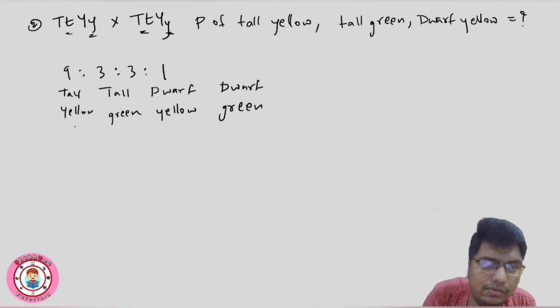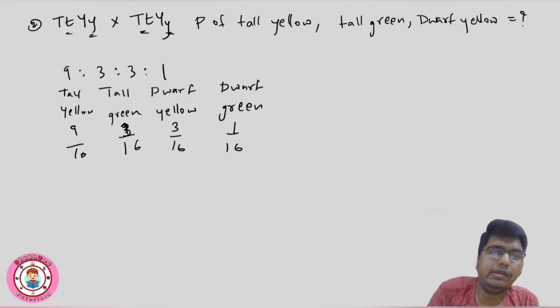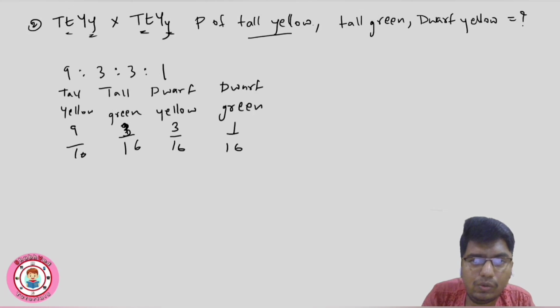So we know this 9 upon 16, total 16 are there, na? 3 upon 16, 3 upon 16, and 1 upon 16, right? What they have asked, tall yellow, tall green, and dwarf yellow, means first three cases.